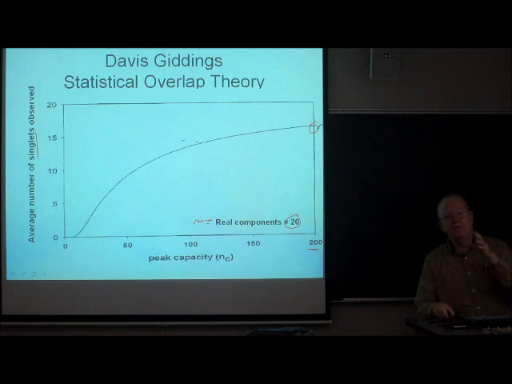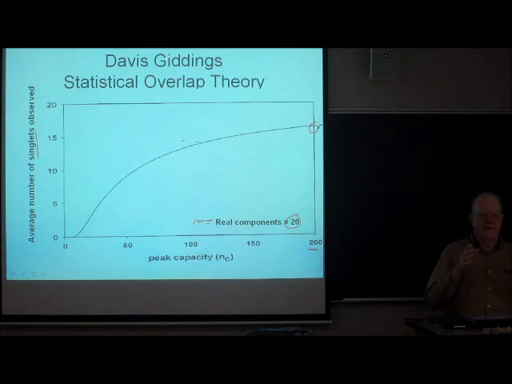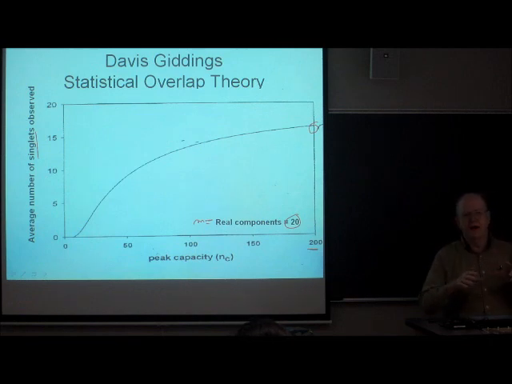Now, what it says in the long run to us is it's very, very unlikely that you will ever get a separation to work if you don't deliberately adjust the conditions to improve the band spacing to make it non-random.